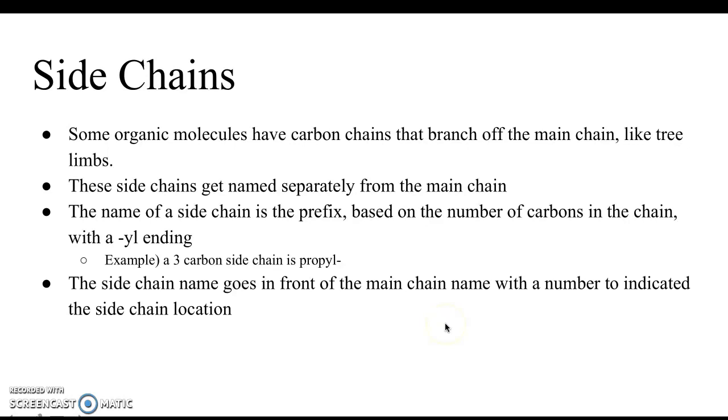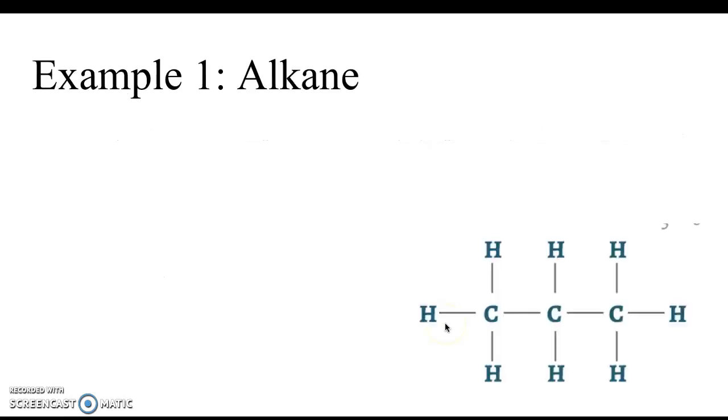And now we're going to do a couple examples, starting with the most basic compound that we can look at, that is an alkane. So here we have a 3-carbon chain. Again, you determine the longest chain by basically following the carbons, and if you don't pick up your pencil, that's a full chain. So 1, 2, 3.